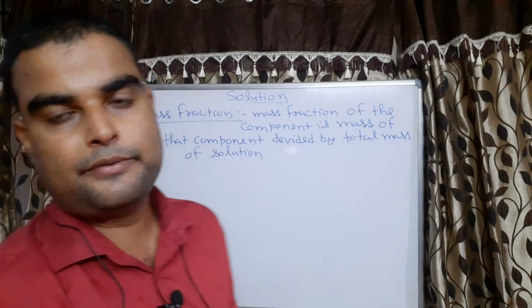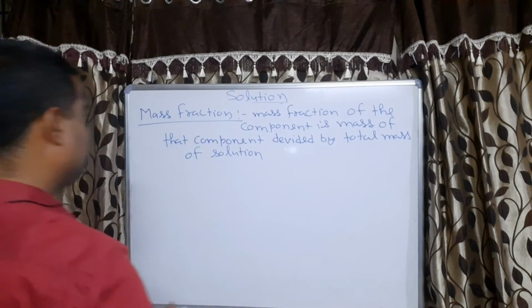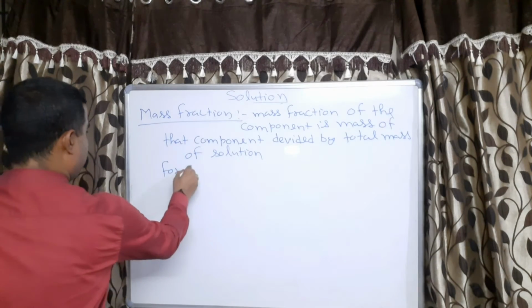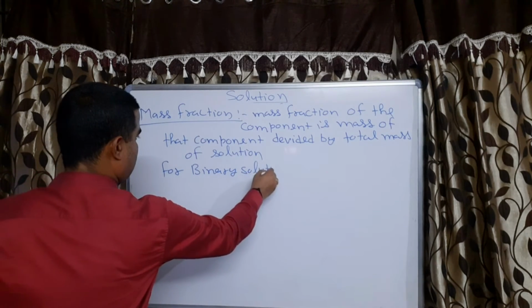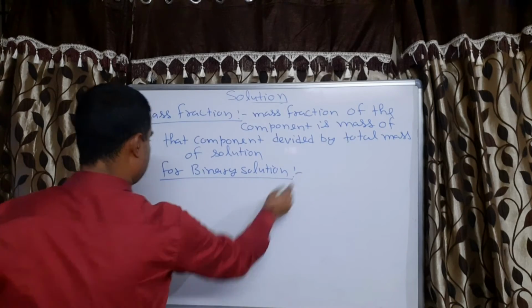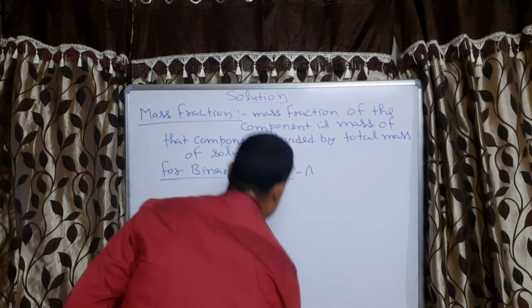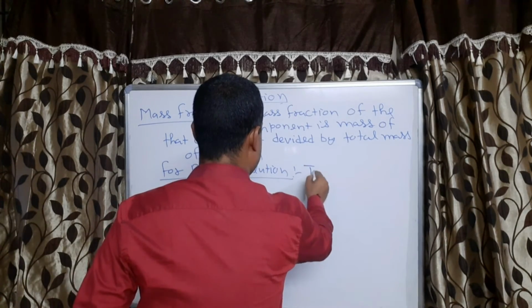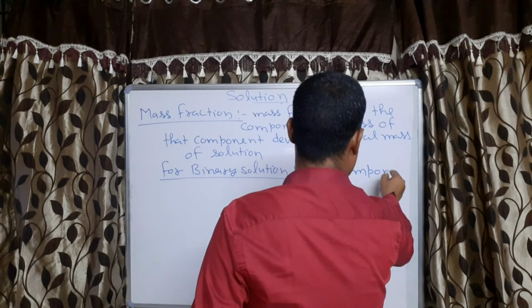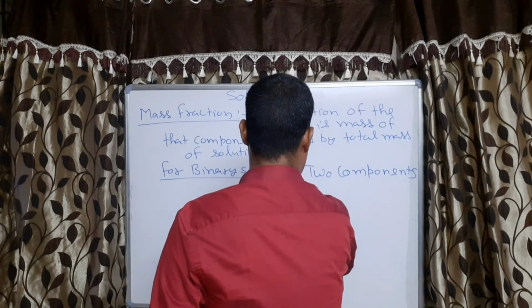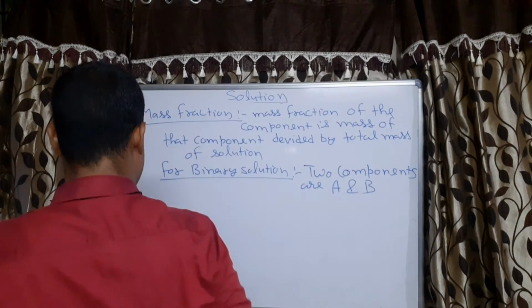Again we are taking the binary solution, which means there are two components, A and B, correct?